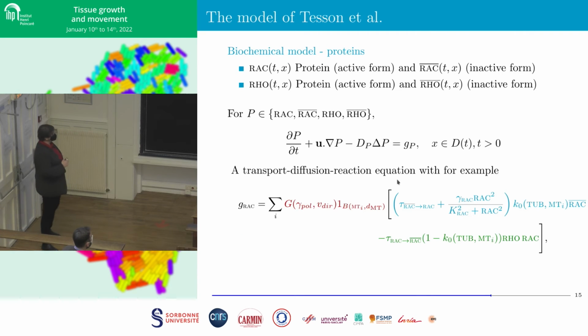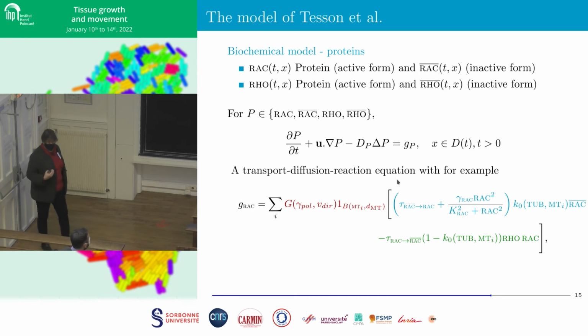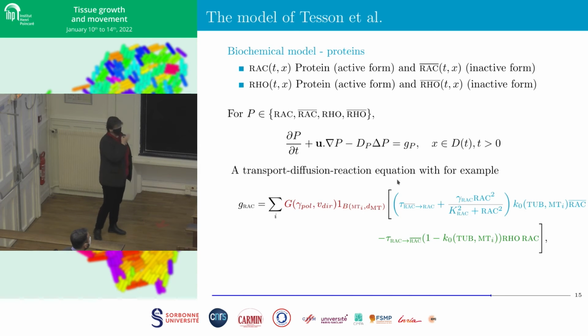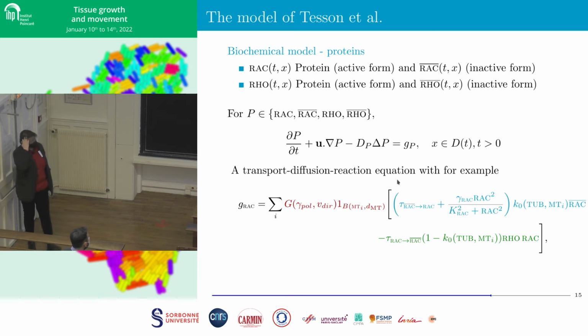For example, if you look at the reaction term for the Rac equation, you see that in red we have a localization term that says that we will have activation of the protein Rac only in the neighborhood of the cap of the microtubule. In blue, you have the classical reaction term that you can find in Edelstein-Keshet, with a slight difference that it will depend on the presence of microtubule and tubulin.